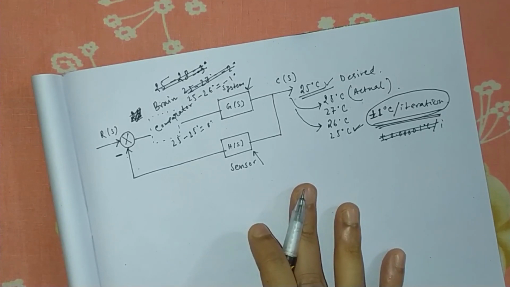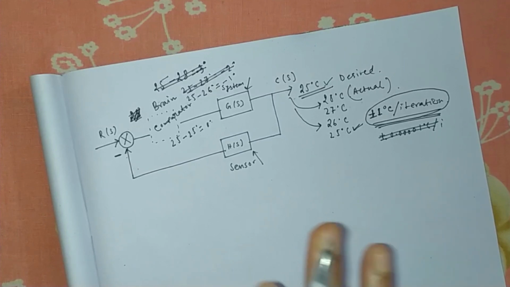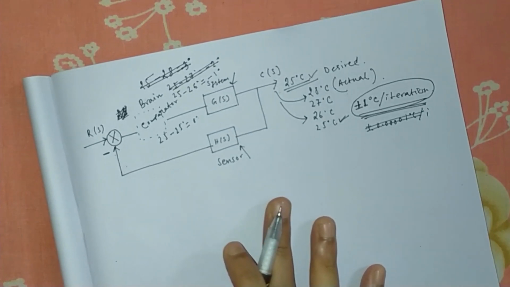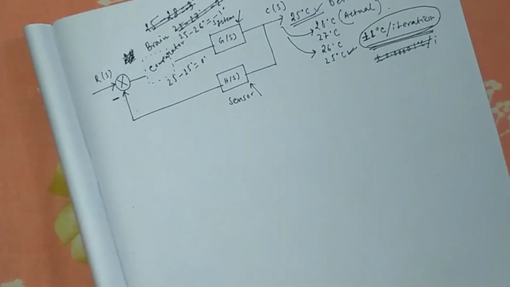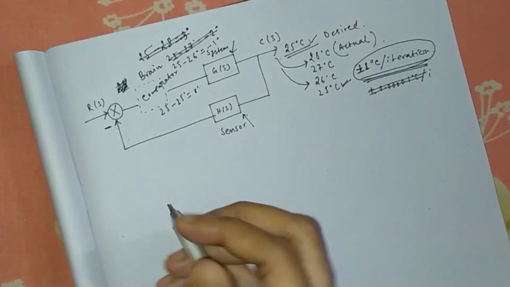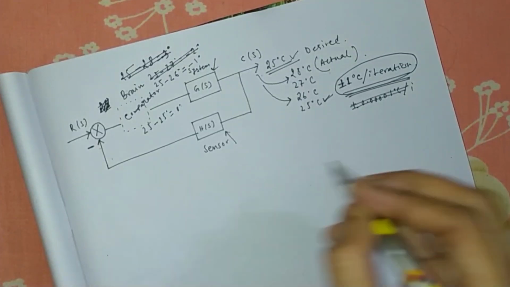We have seen that in the negative feedback system, the output is reaching a level, and it is staying at a level which we actually desired. Okay, so now I am talking about the positive feedback system.